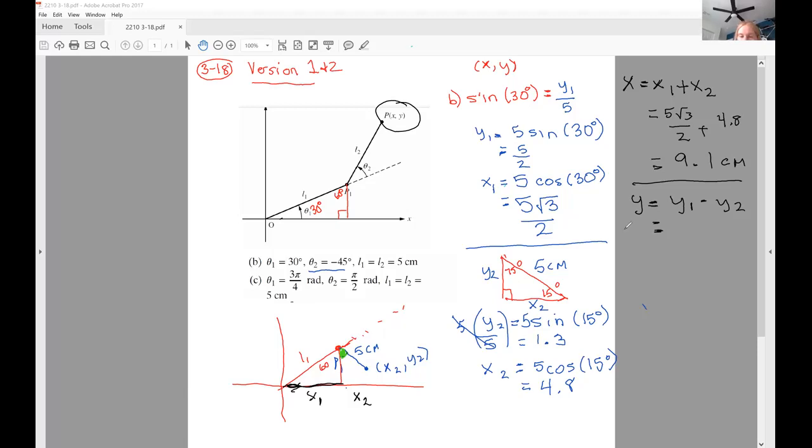So that would equal 5 over 2 or 2.5 minus 1.3, which is equal to 1.2 centimeters. So that means my X comma Y is, from what I calculated, 9.1 comma 1.2. And that concludes B.